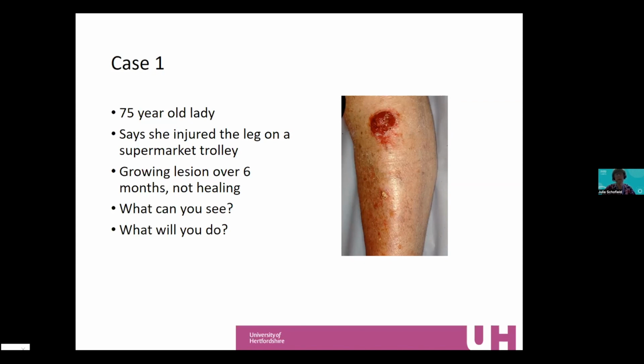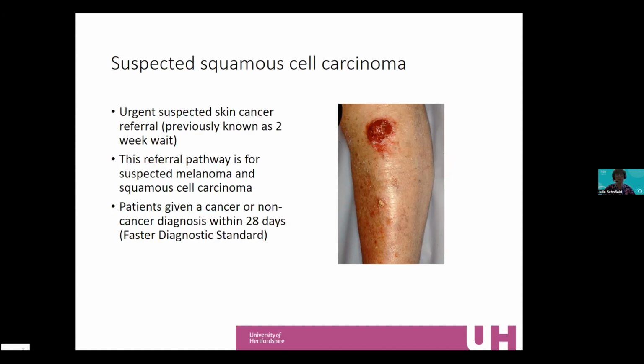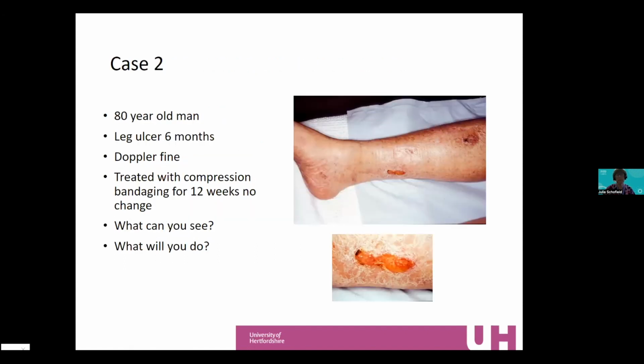And I don't think you would treat this as a leg ulcer. If you'd been called to assess this as a leg ulcer, I hope that you would think about actually this not being quite right. So we would want this to be referred on as an urgent suspected skin cancer referral with pictures that could go on either through advice and guidance, and it would be upgraded to a 2-week wait referral, or the patient could go in straight away on that particular pathway.